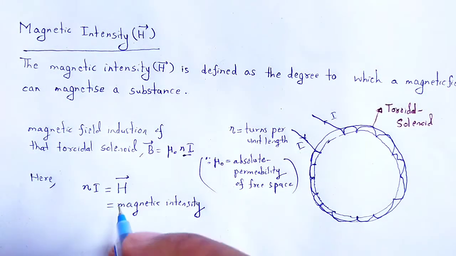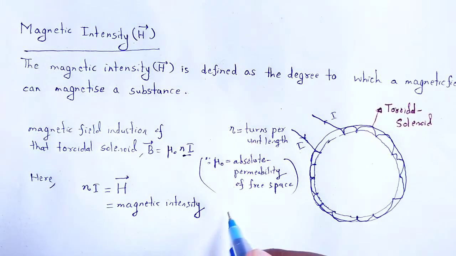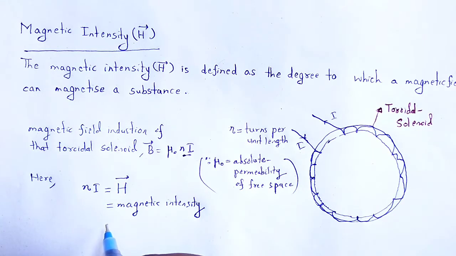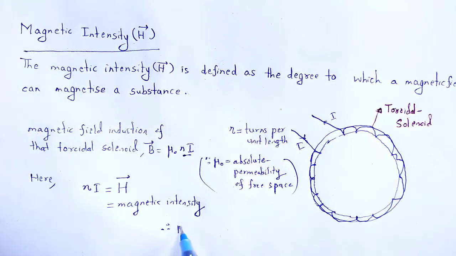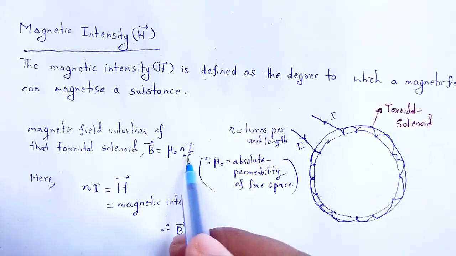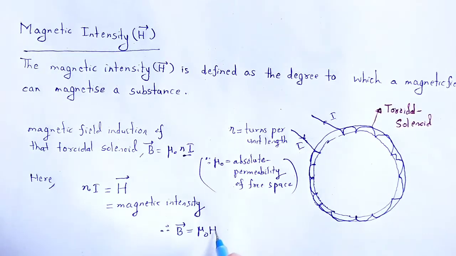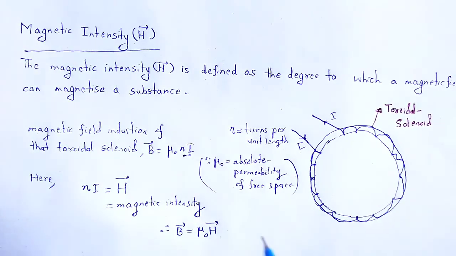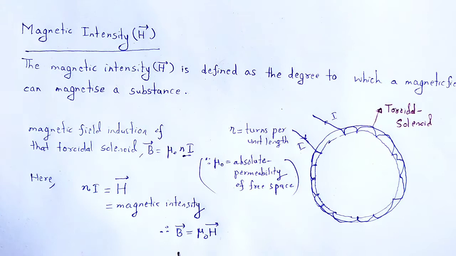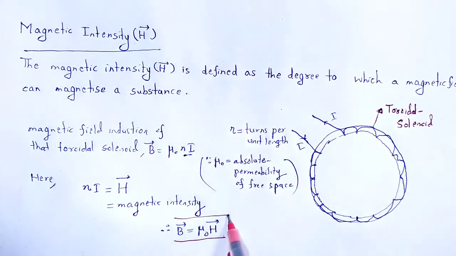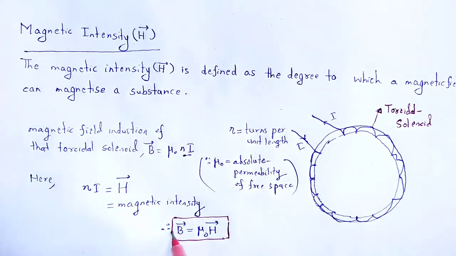Therefore, B vector is equal to mu naught, and in place of n I we substitute S vector. So we can easily define magnetic intensity.